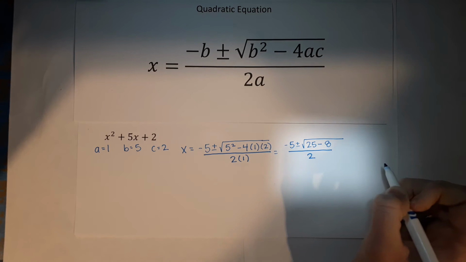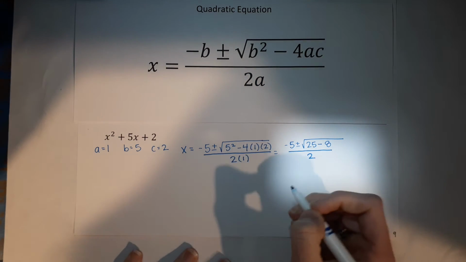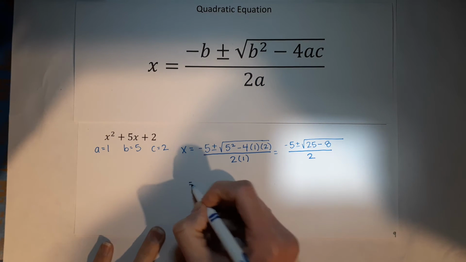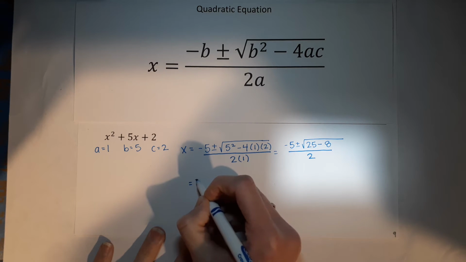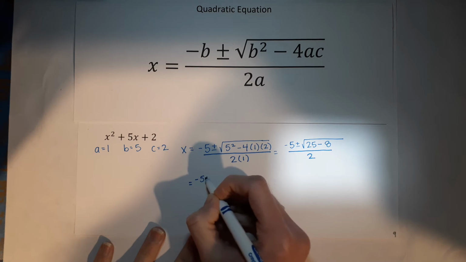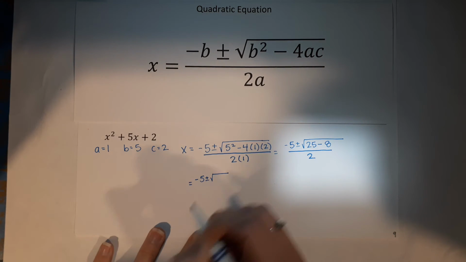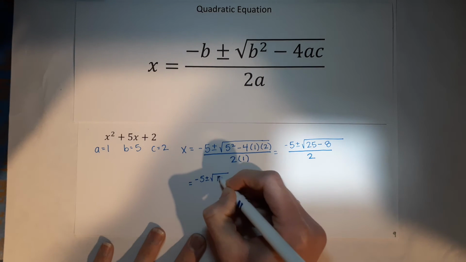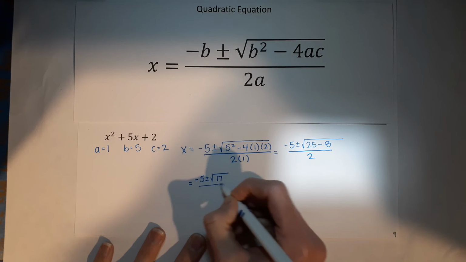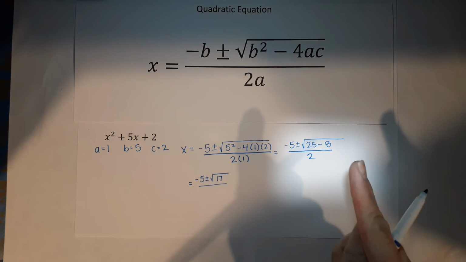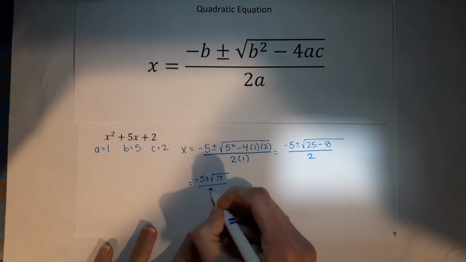Okay. All right. Continue chunking it down till it's something more manageable. So now we're going to have negative 5 plus or minus the square root of 25 minus 8 is 17. And that's where it's like, crap. 17 square root is not a pretty number. All right. And this is still all over 2.